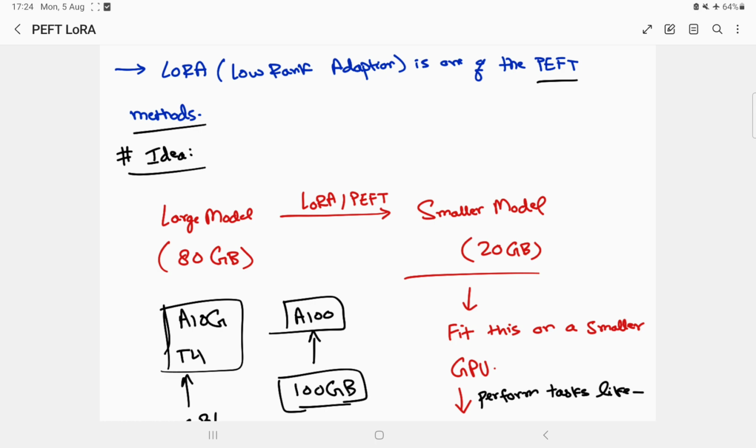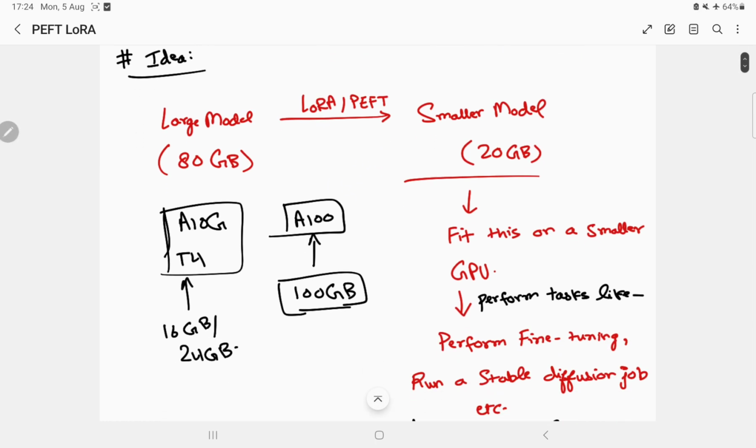An example could be NVIDIA A100 that has VRAM up to 80 GBs or even up to 100 GBs if you stack multiple of them. And on the other hand, you have consumer grade GPUs like NVIDIA A10G, which is a Tensor Core GPU, or maybe Tesla T4, that is another of NVIDIA's consumer grade GPUs, which typically have VRAMs like 16 GB or say 24 GB in case of NVIDIA A10G.